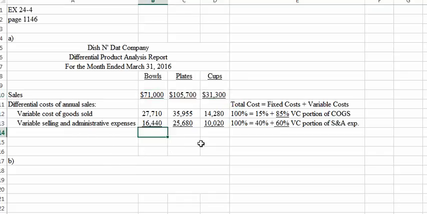Okay, now we want to add these together. And then we'll bring that over. All we're doing is adding these two numbers together, and these two numbers together here, and these two numbers together here. Okay.